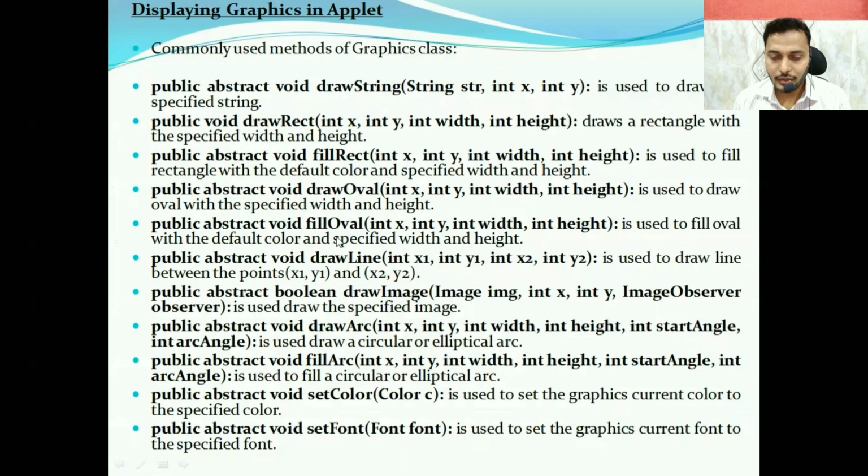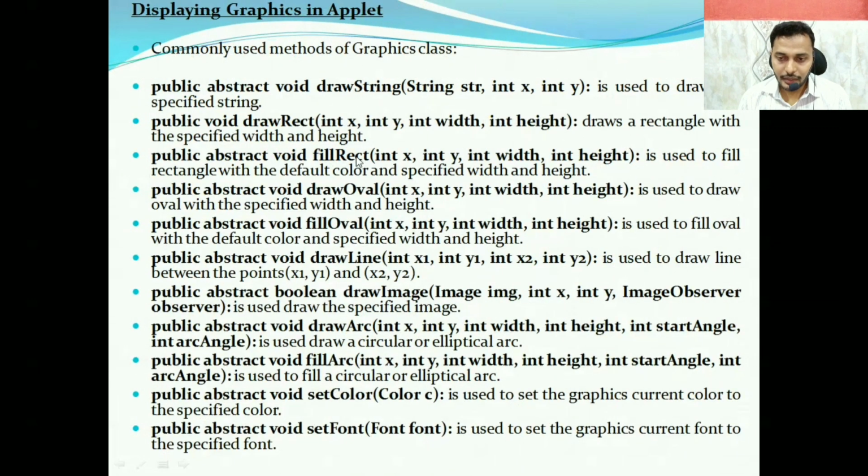Similarly, we can use a different method with this concept. So we have the drawRect method, which only draws the outline of the rectangle, and fillRect. The fillRect method and drawRect method have only one difference.